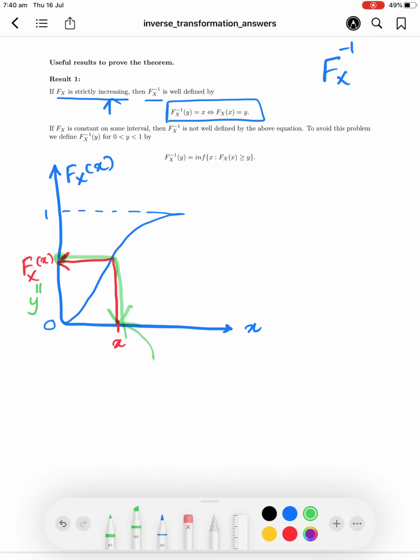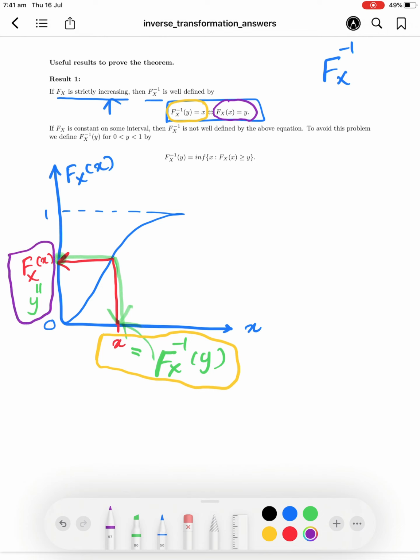Now we can call this F_X inverse of y. So this is equal to x. So in this equation, this side is represented by the equation here, and this side is represented by the equation here.